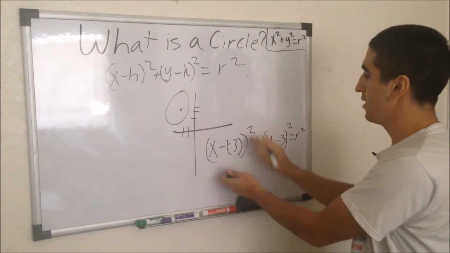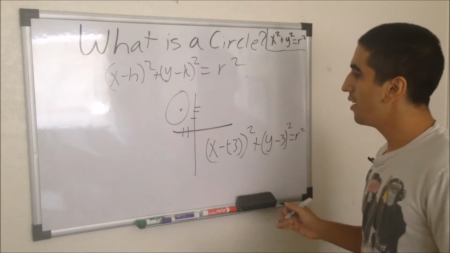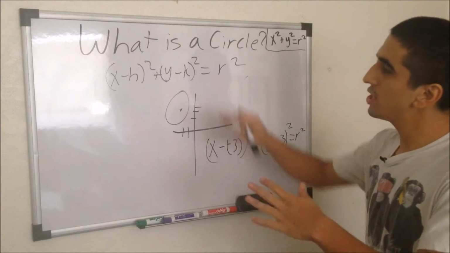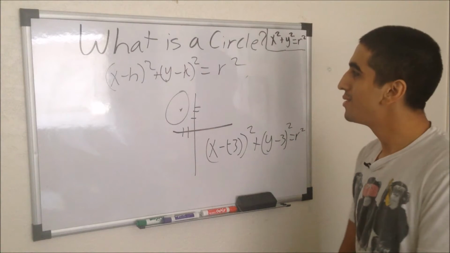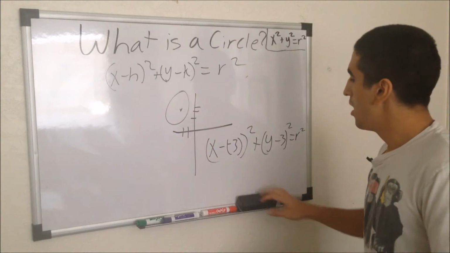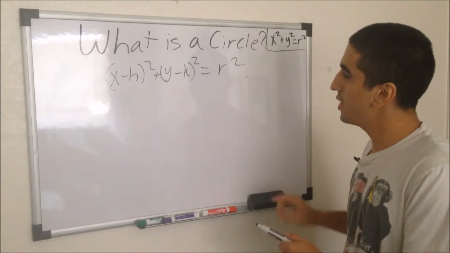So, again, this part plus (y minus 3) squared is equal to r squared. To finish this equation, we would need the radius. We don't know what the radius is here, it's just a random circle. But if they did give you the radius, you could do that too.